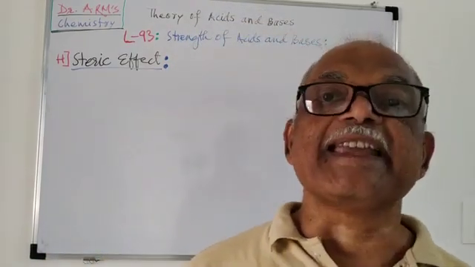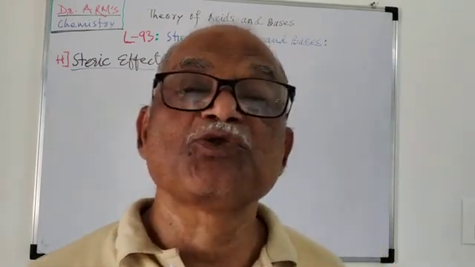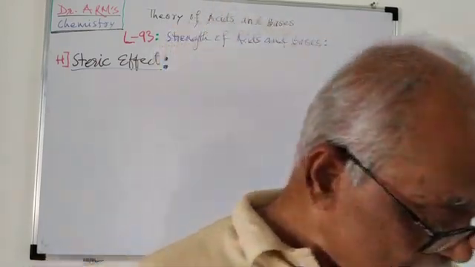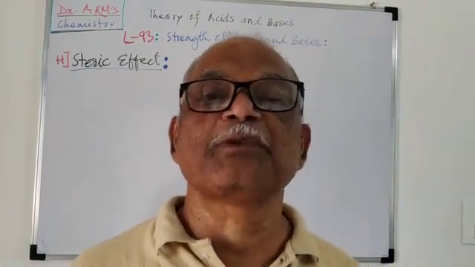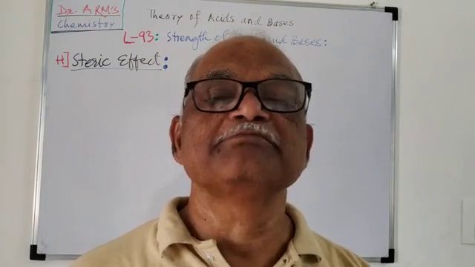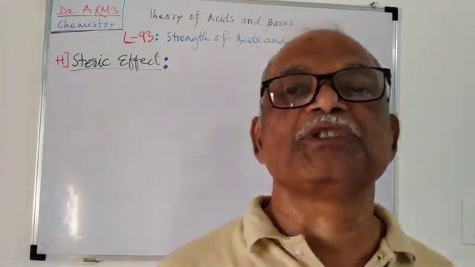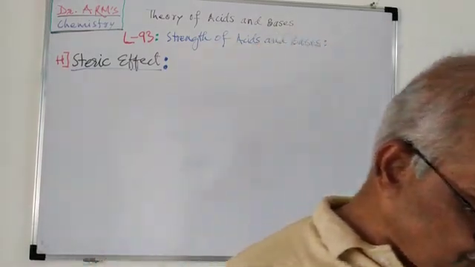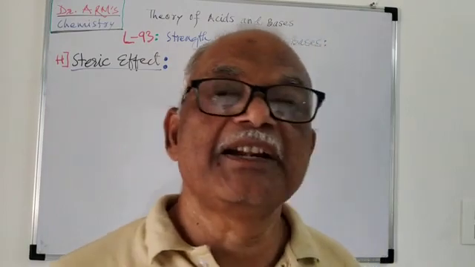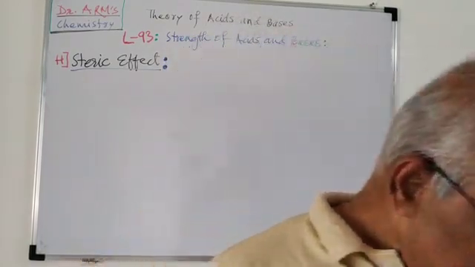In this case, valence shell electron pair repulsion is observed. Again, when the molecules of the same type, say acid or base, experience strain due to the steric effect, it is called internal strain, and this is observed in many molecules.